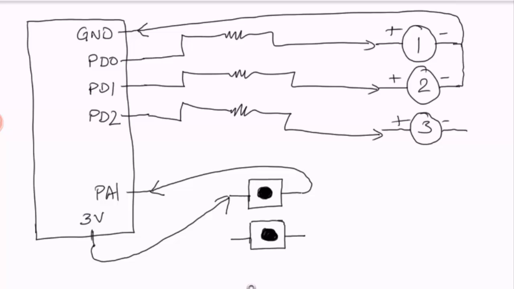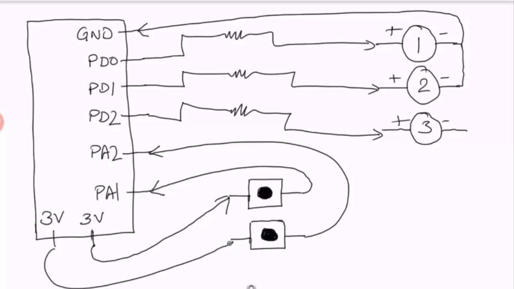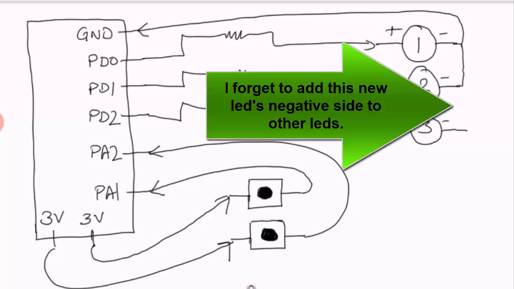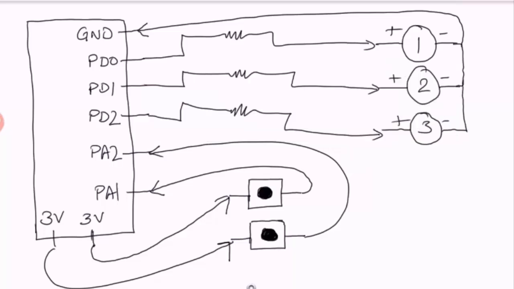Then we have the PA2 pin and another 3V pin on the discovery board. Now connect one end of the switch to the PA2 pin and connect the other end of this new switch to 3V. Okay, so now our circuit is complete.